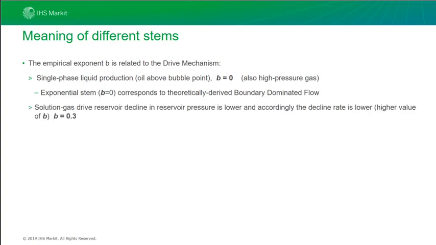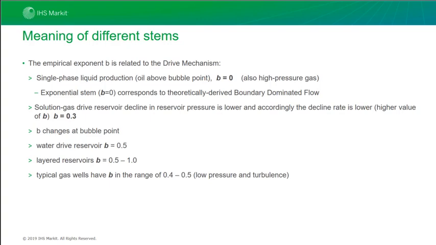With solution gas drive, the reservoir pressure is lower and the decline rate is lower, so the b value is approximately 0.3. With reservoirs of different energy systems, the b value is likely to differ. For example, you have an approximate b value of 0.5 for water-drive reservoirs and between 0.4 and 0.5 for gas wells. So the higher the energy systems, the higher the value of b.